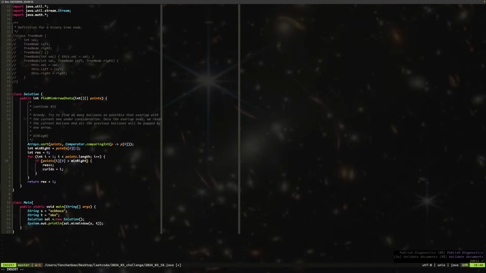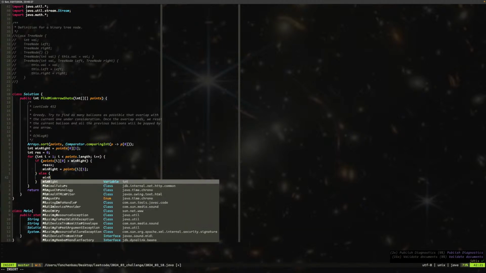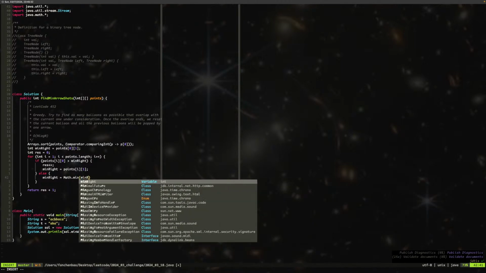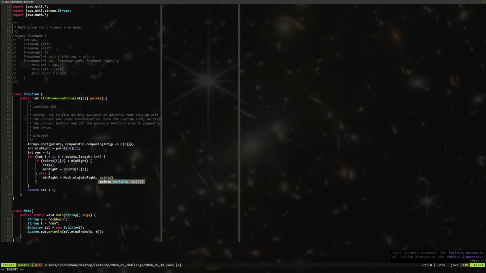And then we say if each one is larger than min right, then we need to update this, and min right will be points[i][1]. Otherwise, min right shall equal Math.min of min right and the current points[i][1].